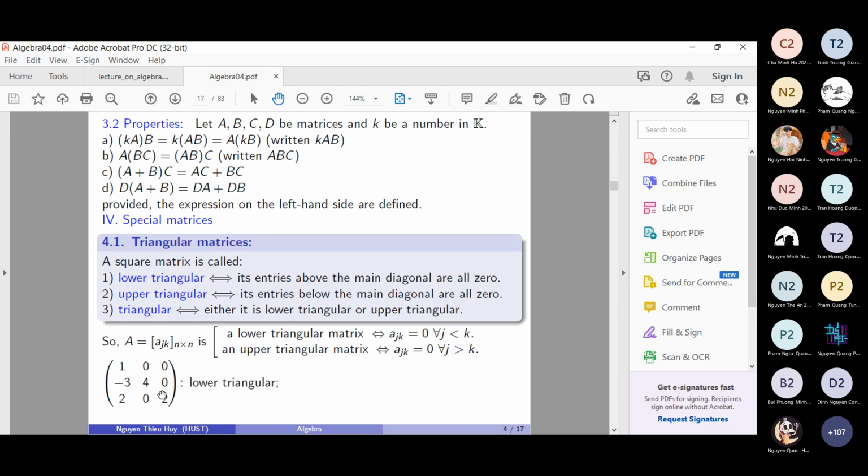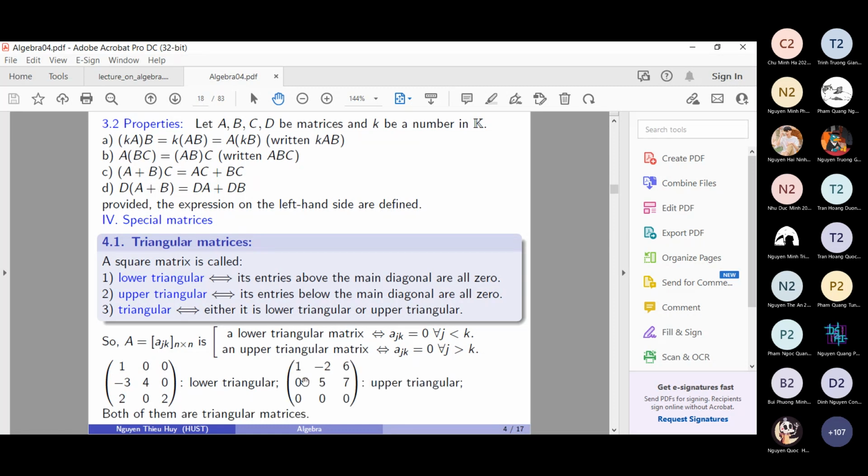Here you can see this is a lower triangular matrix because the upper part is 0, right? So all the entries above the main diagonal here are 0.